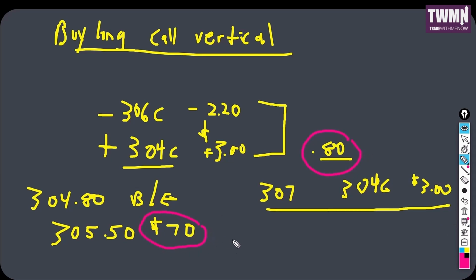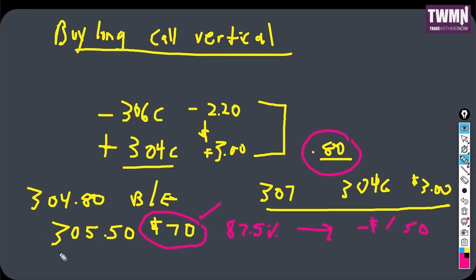That is about 87.5% profit. In this same scenario, though, 305.50, if you look over here, that means I lost $150, didn't I? Because I spent $300 on it. So 305.50, I'm down $150. So I lost $150. This vertical, they made 70.